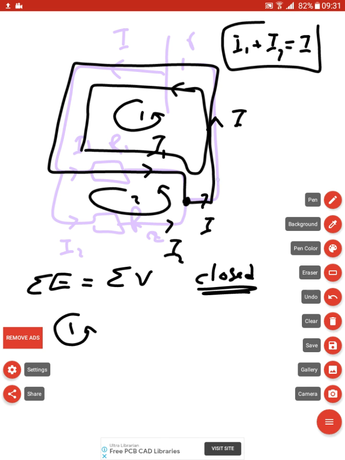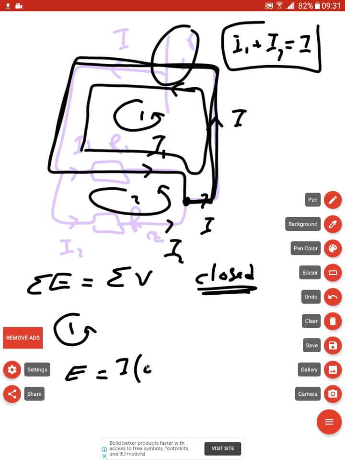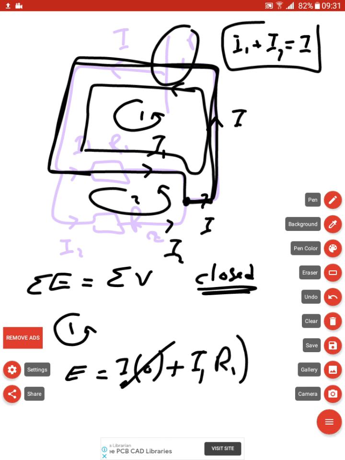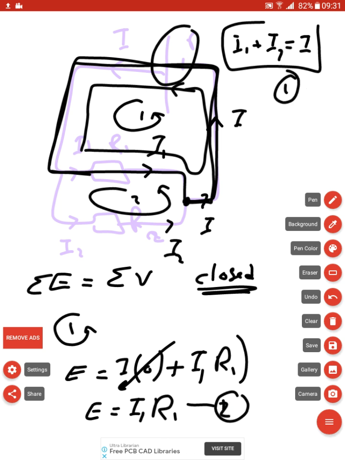While moving in this path, we have an electromotive force, so E equals I times 0, since there are no resistors in this path, plus I1 R1, which is the current I1 and R1. This is the first equation, and this is the second equation.